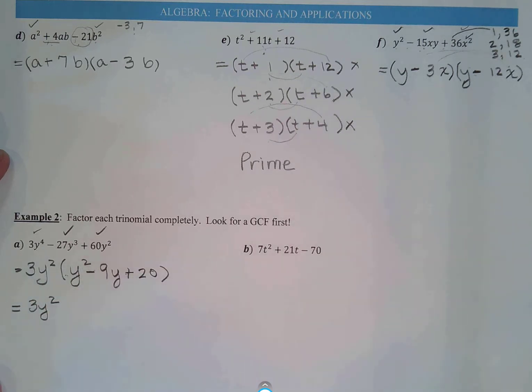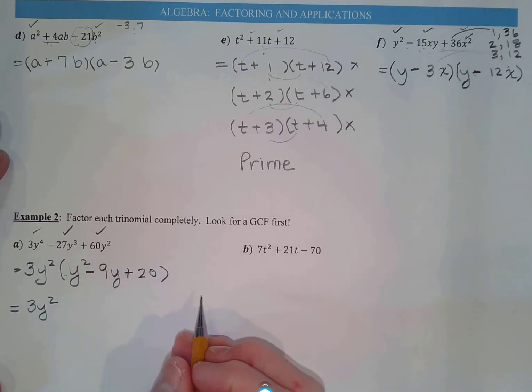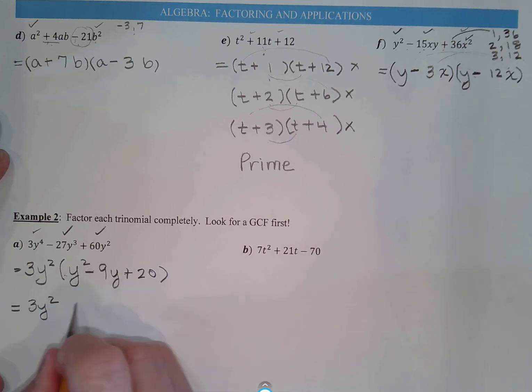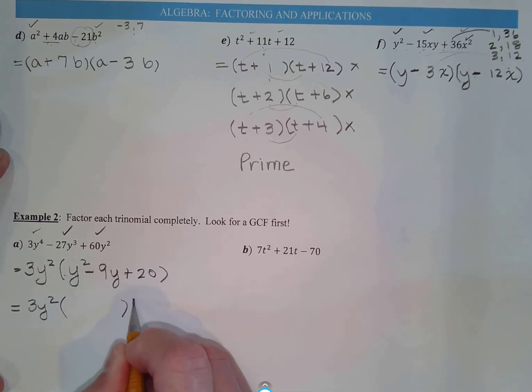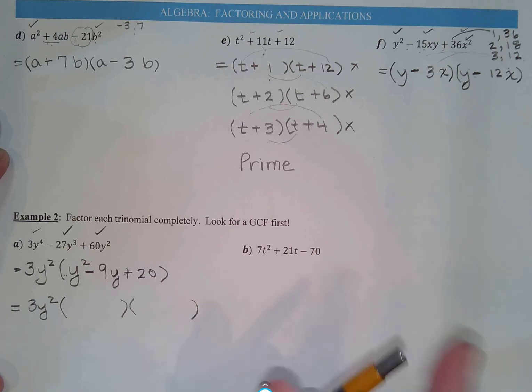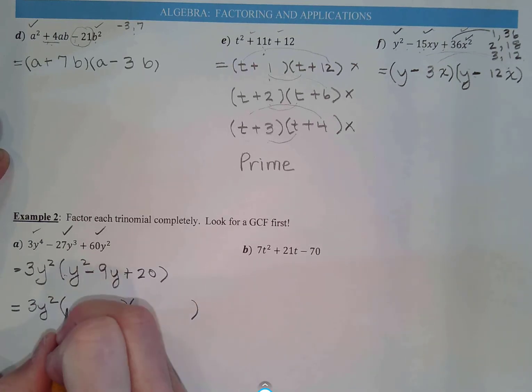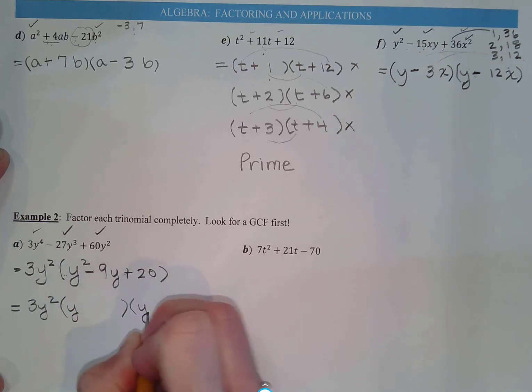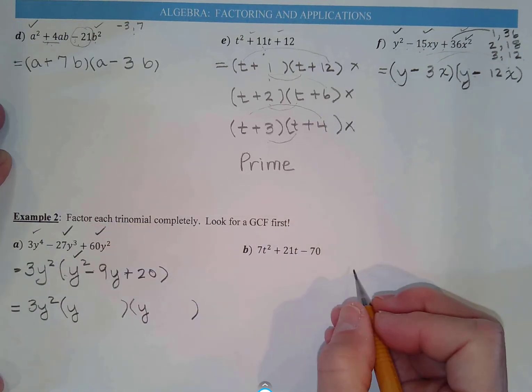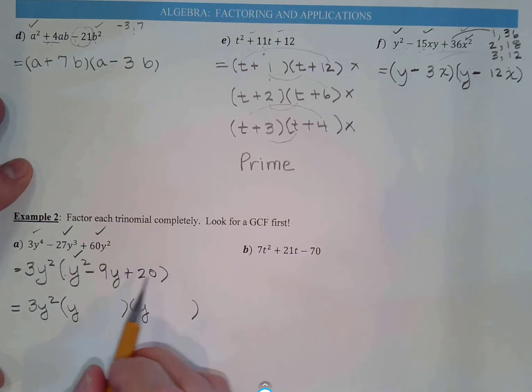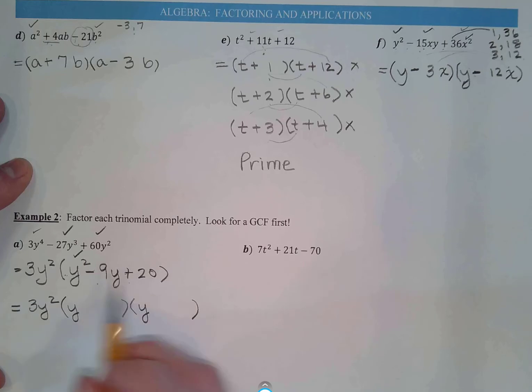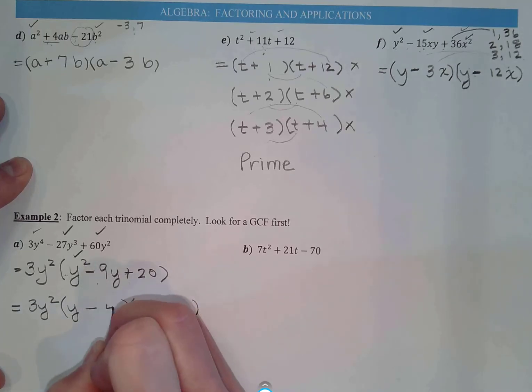Keep it. As we factor the trinomial, we believe it's going to factor as the product of two binomials. Our first terms, y times y gives y squared. Factors of 20 that sum to negative 9 are minus 4 and minus 5.